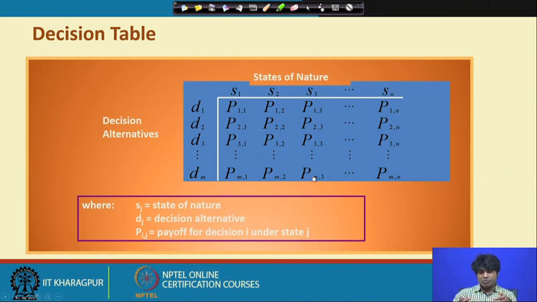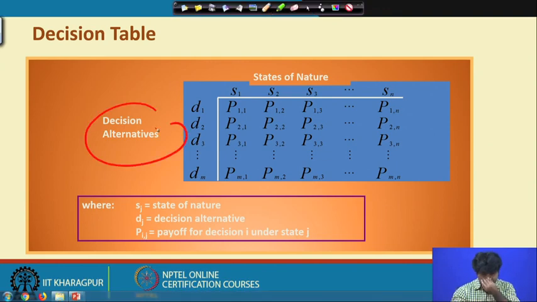So, the decision making table will be like this. We have the decision alternatives on this side, and these are the various outputs, the predictions, and corresponding to the alternatives we have different output labels. These are all the payoff matrix.